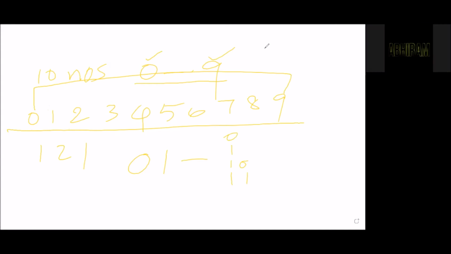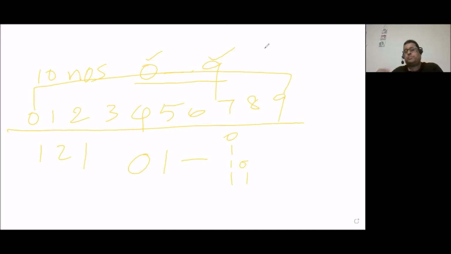So that's how it progresses. In the decimal system, 0, 1, 2, 3 to 9, and 10 comes as 1 0, because it is repeating again. And 11, 12, all the way to 20, and again repeats. That's how the number system is created.